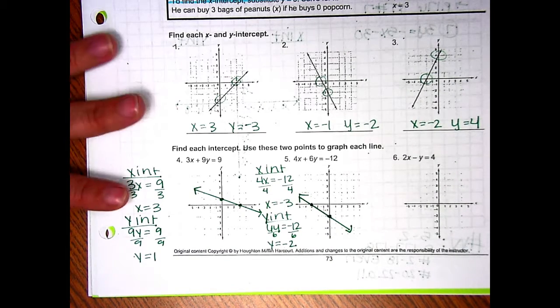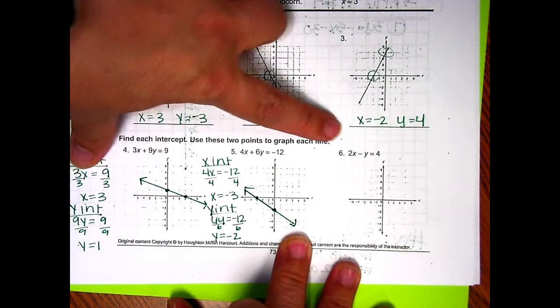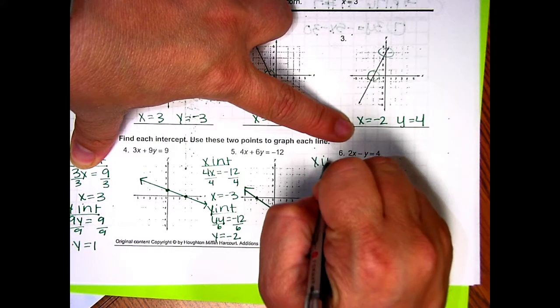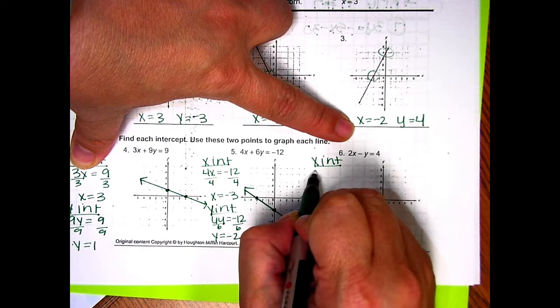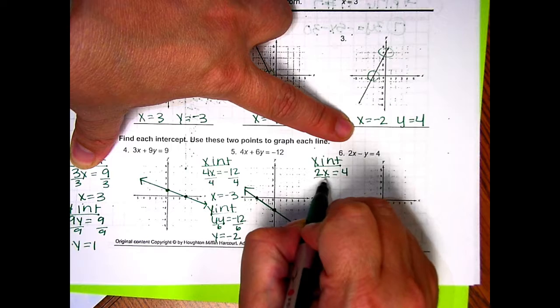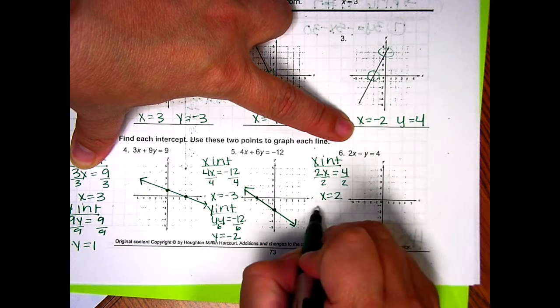For number 6, for the x-intercept, I have 2x equals 4. Divide both sides by 2. x equals 2.